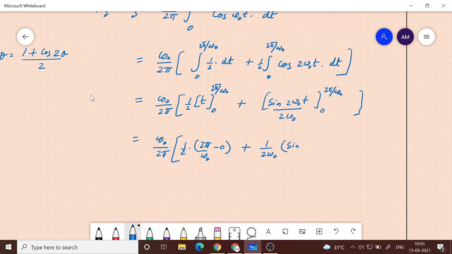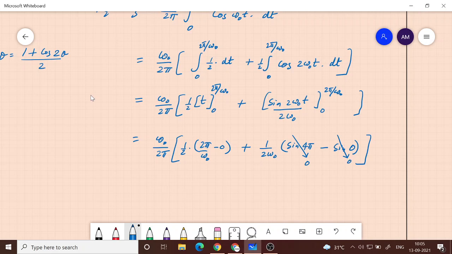Omega 0 cancels, so we will get 4 pi, minus the lower limit 0, so sine 0. Now sine 0 and sine 4 pi are both 0.